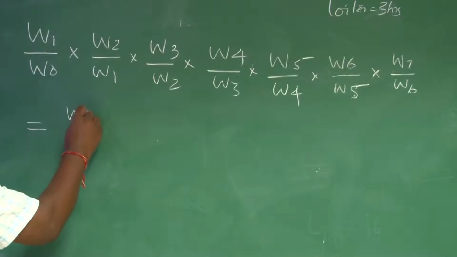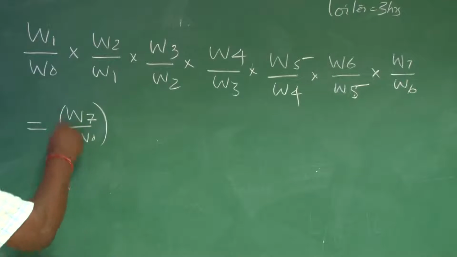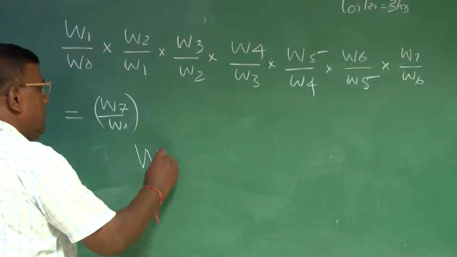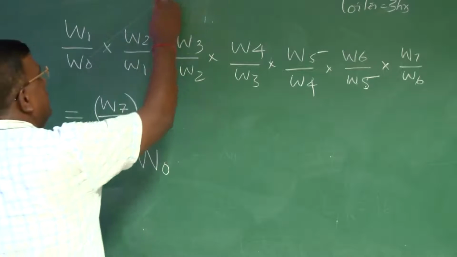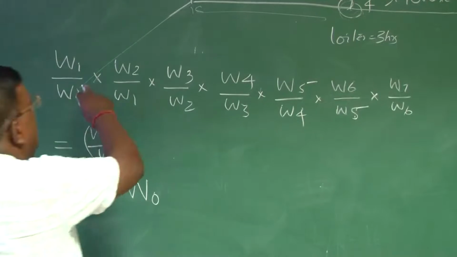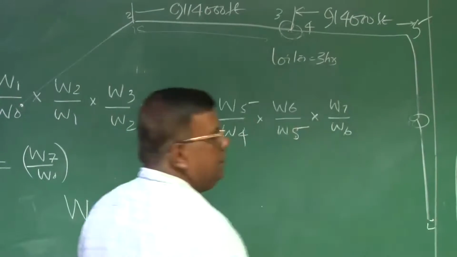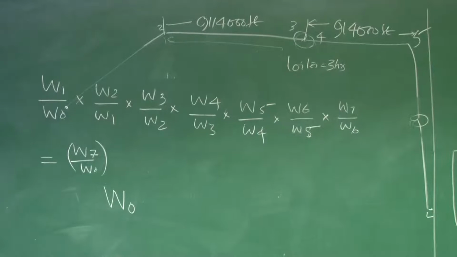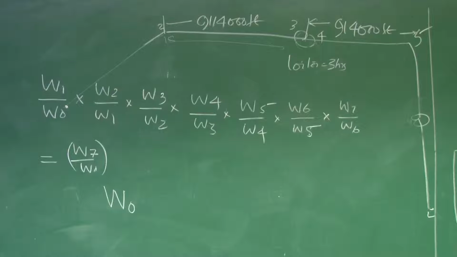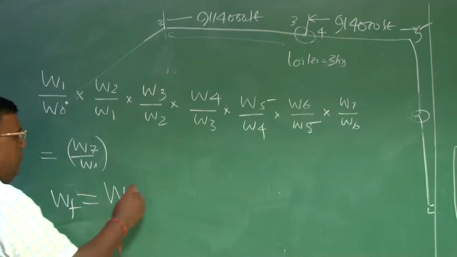I get W7 by W0. We are trying to find out what is the WF, fuel consumption. What will be fuel consumption? You started with W0, when the weight was W0, did all the operations and landed here. That time the weight is W7. And assuming that in between you have not done anything but flying, the difference between W0 and W7 will be the amount of fuel consumed, right? So I say WF is equal to W0 minus W7.